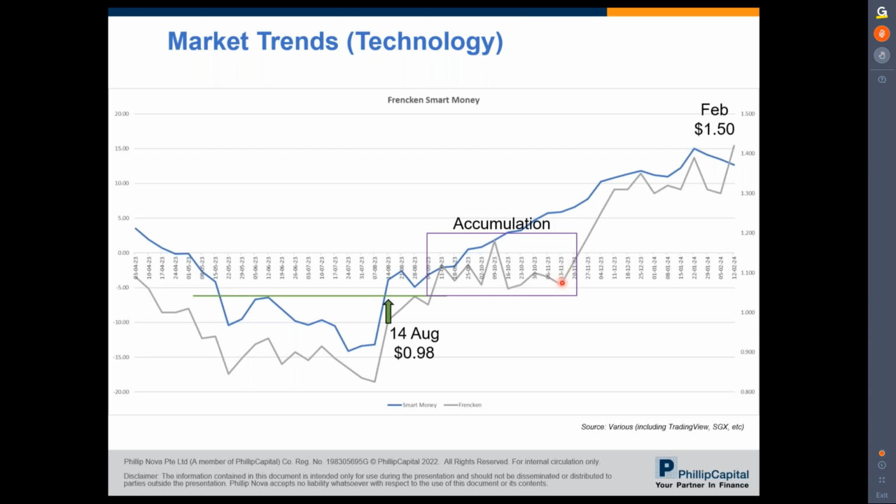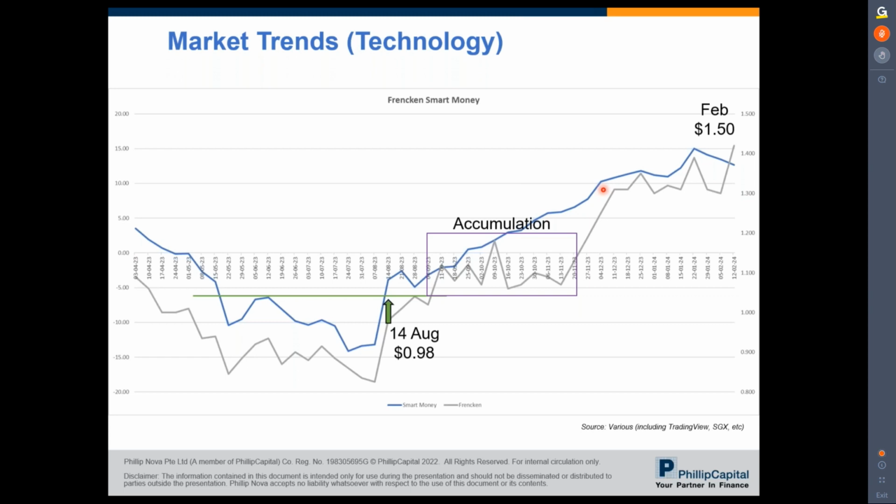And usually when that happens, there is a very high likelihood for the share price to follow what the smart money is doing and catch up. It's not that the share price is moving on by itself, but really they're moving up because of the money that the smart money has poured in.